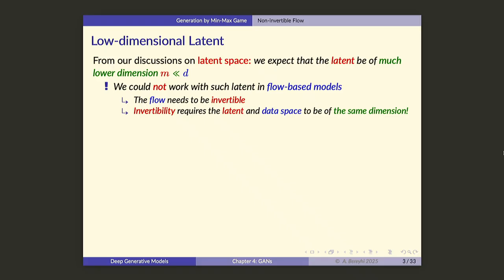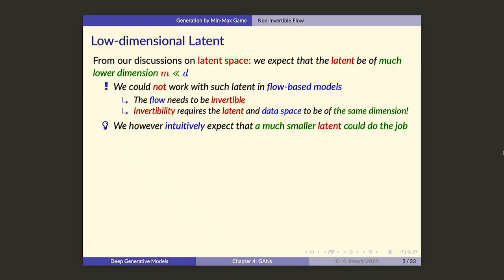But in flow-based networks, which was the first kind of network we started working with latent space, we were not able to use this property because essentially we needed this network to be invertible. Now, one thing that we have intuitively in mind is that even though we could not do it there, it should be intuitively rational that we can generate everything from a much smaller space.